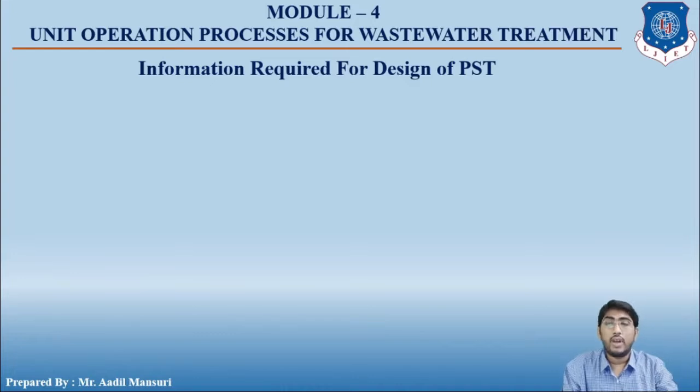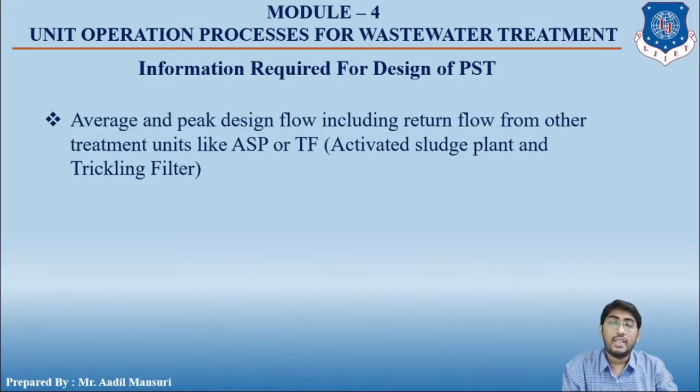So let us now have a look at the information required for design of primary sedimentation tank. So average and peak design flow including return flow from other treatment units like activated sludge plant and trickling filter should be known.